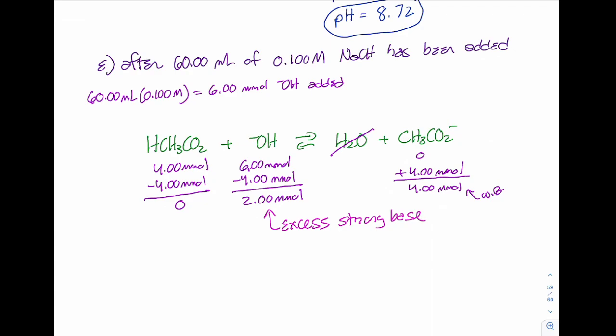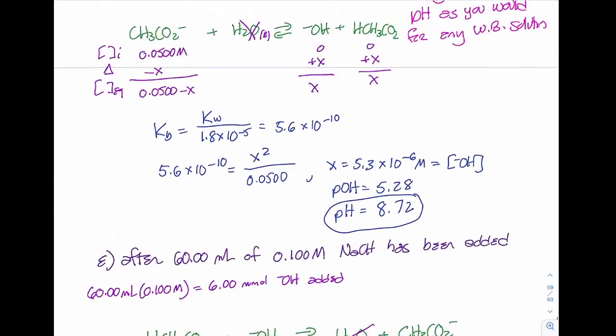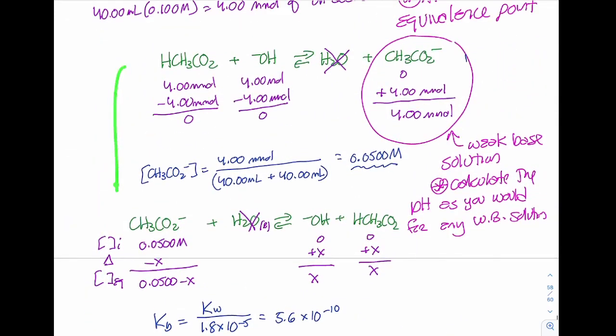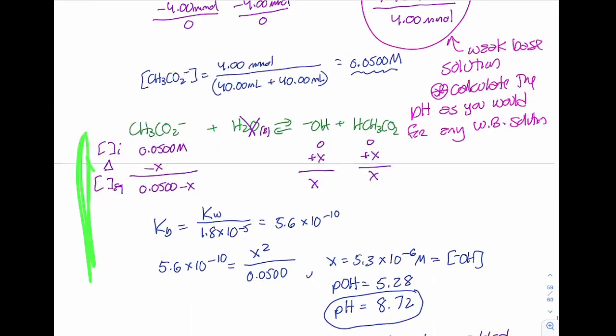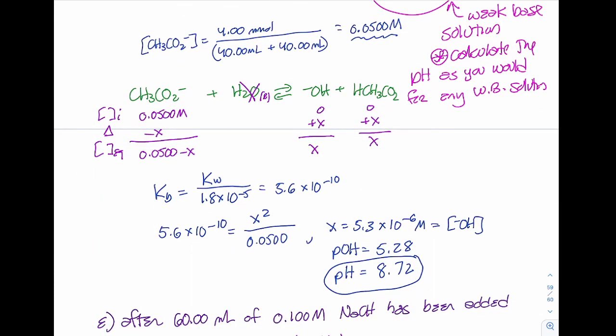You would figure out the number of hydronium ions, or you could even do hydroxide if you want, that you're getting from this strong base. Then you would write your base dissociation reaction for this, just like we did up here. You would figure out, just like we did here, the number of hydroxide ions that you're getting from that. You would add those two together and then figure out your pH from that.